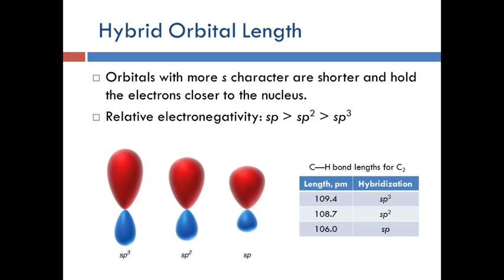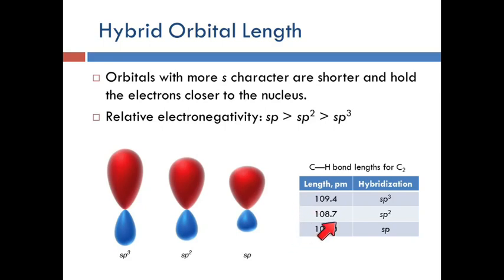How does this affect acidity, right? Well, these hybrid orbitals are going to have different lengths. Orbitals with more s character are going to be shorter, and so they're going to hold the electrons closer to the nucleus. Look at this guy. He's half s and half p, and so he's shorter and squattier than sp3, who's looking a lot more like a p orbital, because he's got 3 parts p and 1 part s. And we can see evidence of this in the carbon-hydrogen bond lengths from ethane, ethylene, and acetylene.